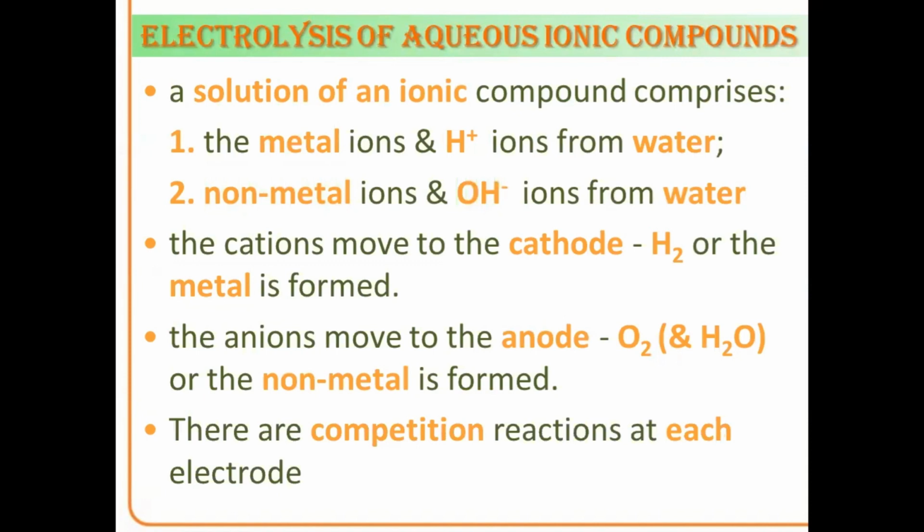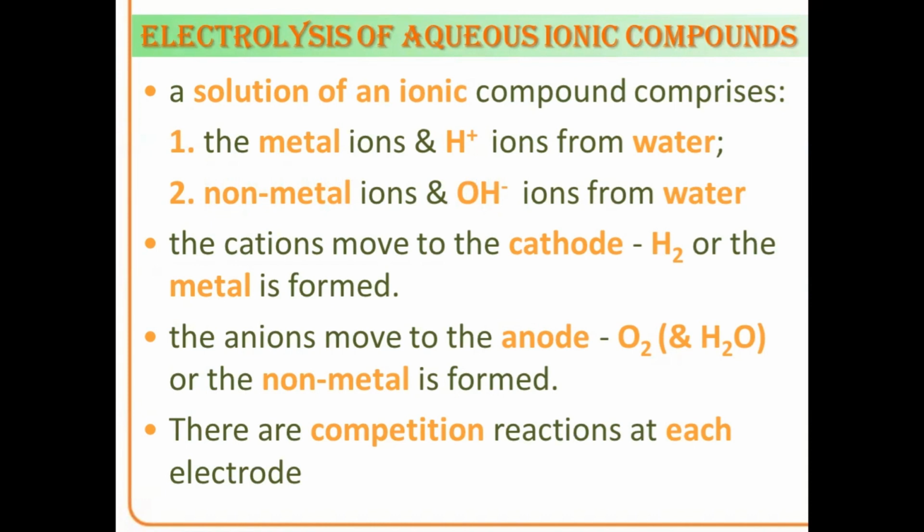Next up, what we need to understand is that there is going to be competition at each electrode. As we have seen, at the cathode, we have hydrogen ions and the metal ions coming from the compound. Which one is going to be discharged? It's competition. And when you go to the anode, you have the non-metal ions and the hydroxide ions.